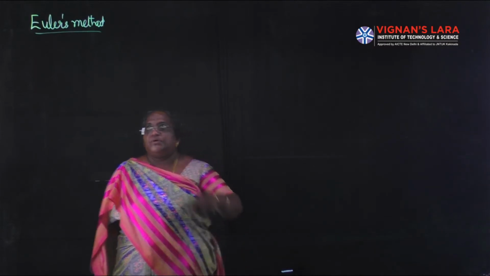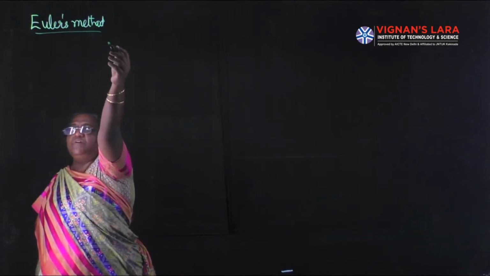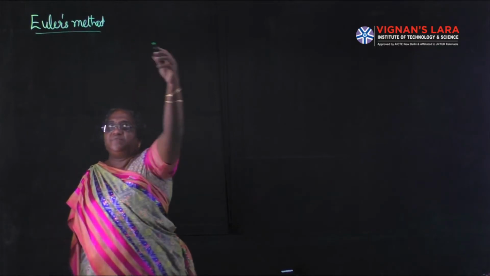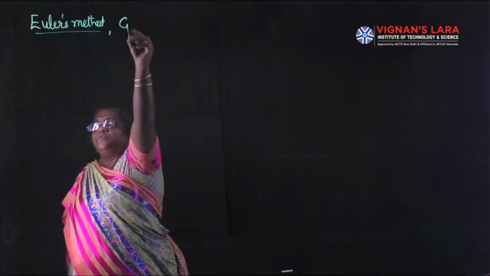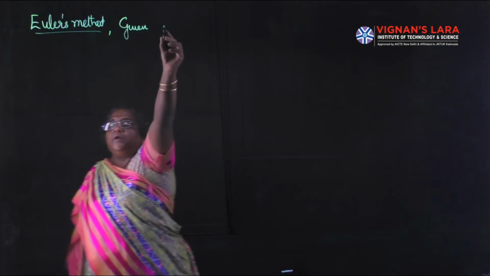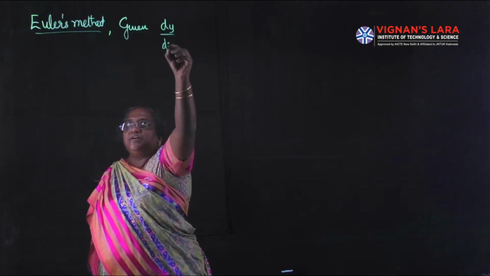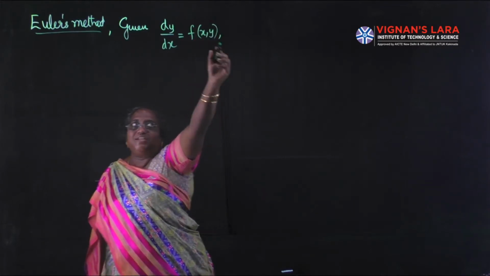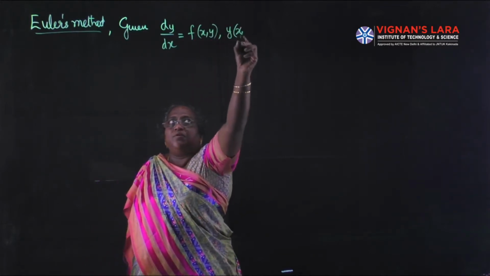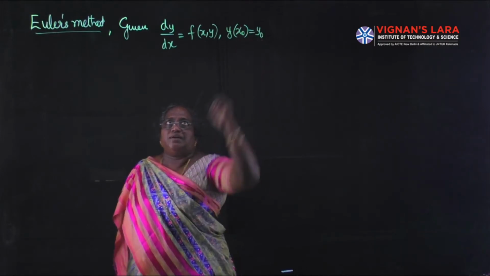So now Euler's method, we use it to solve a first order first degree differential equation with an initial condition. Means you will be given dy by dx in terms of x and y, plus an initial condition y of x naught is equal to y naught.